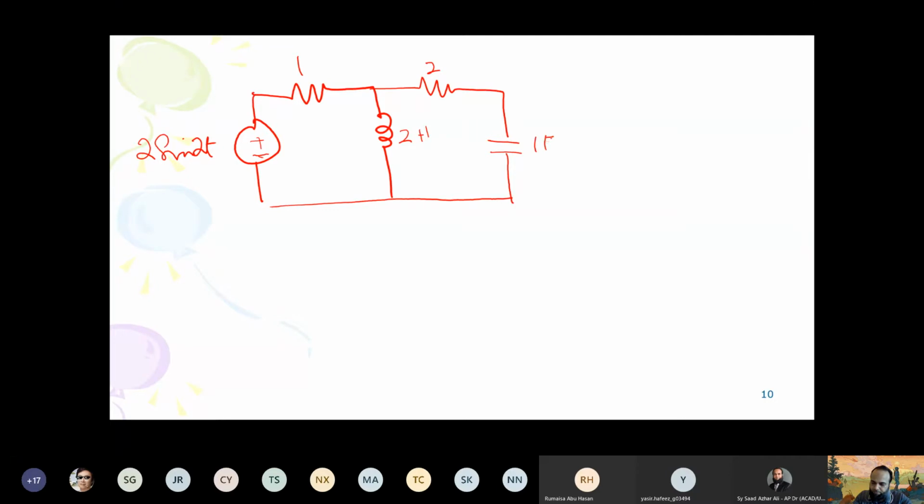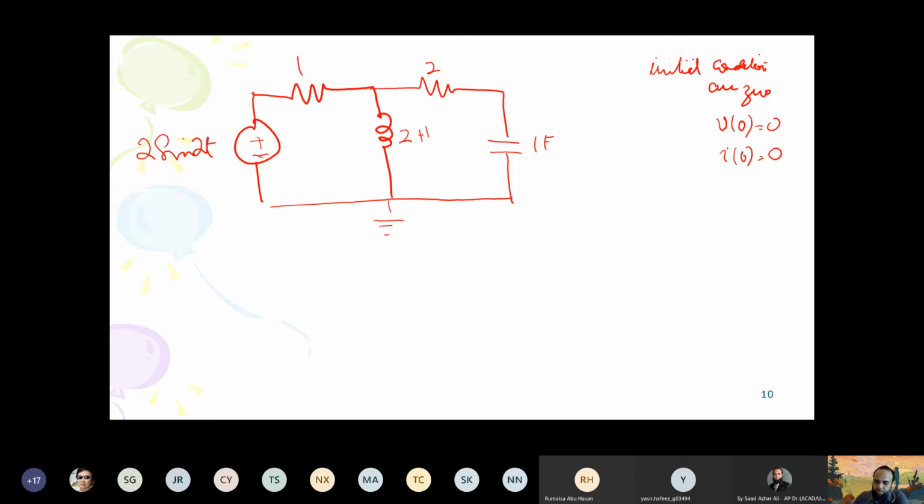Let's say one. Right. And in this particular question, assume that the initial conditions are 0. So V0 is 0 and I0 is 0.